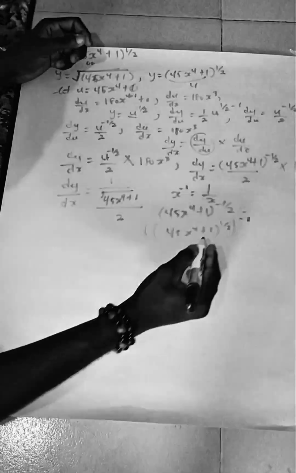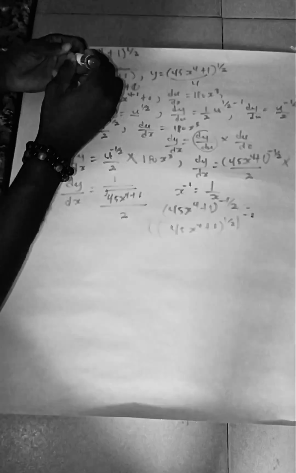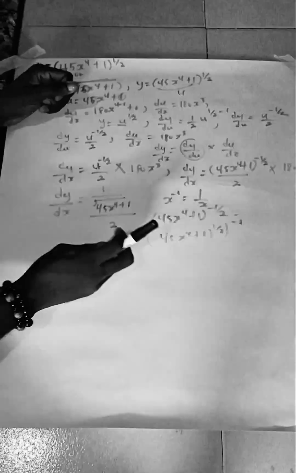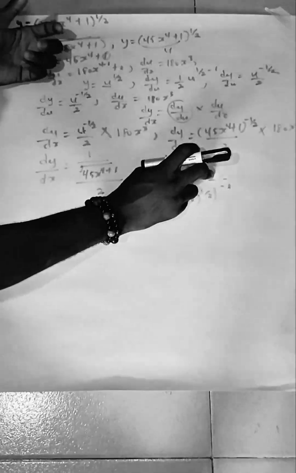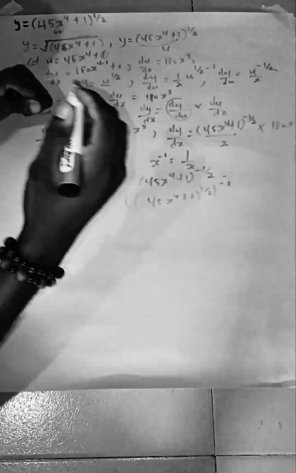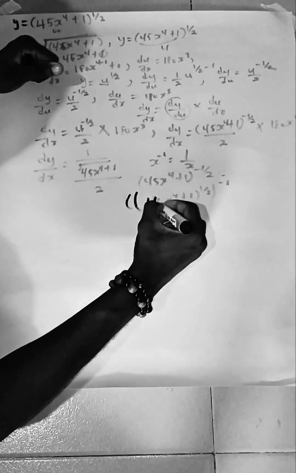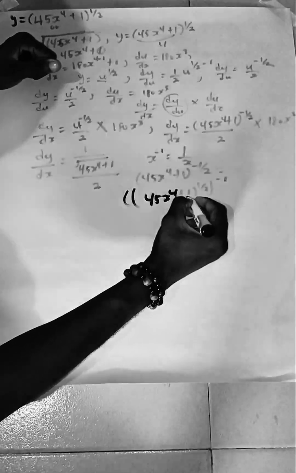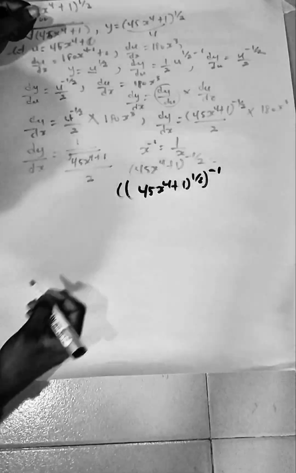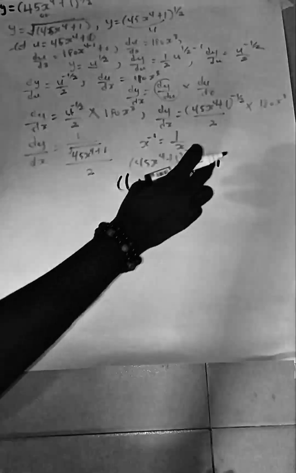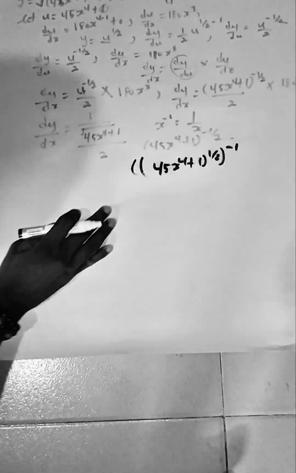From the laws of indices, these two multiply each other and consequently give you this raised to the power minus 1 over 2. So let me rewrite this so you'll be able to see. Plus 1 raised to the power 1 over 2, then raised to the power minus 1. So these two just multiply and give you this, so it's perfectly the same thing.